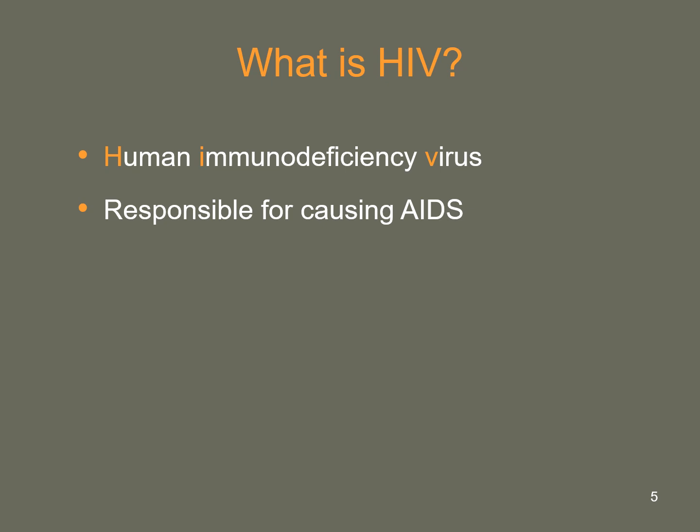I stands for immunodeficiency. So when you look at deficiency, it means suppression, meaning the deficit. Deficit is lacking. So immunodeficiency simply means the lack of immune system.